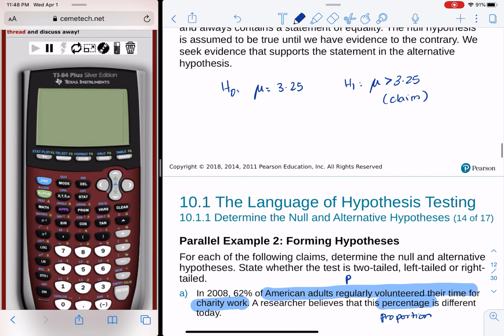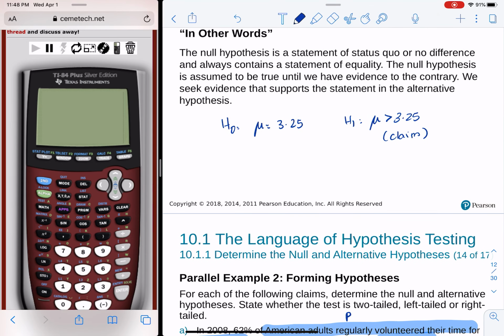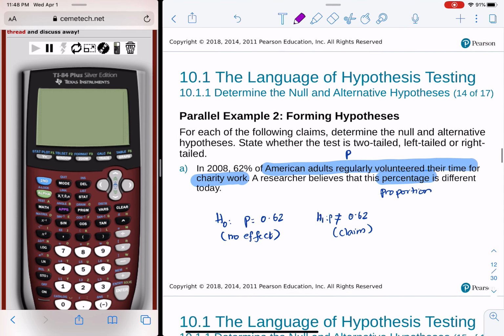So if you think about it, we can recognize that the first case that we did here is a right tail test, or it would require a right tail test because of the greater than sign.